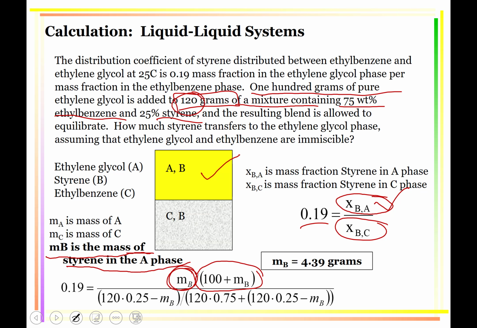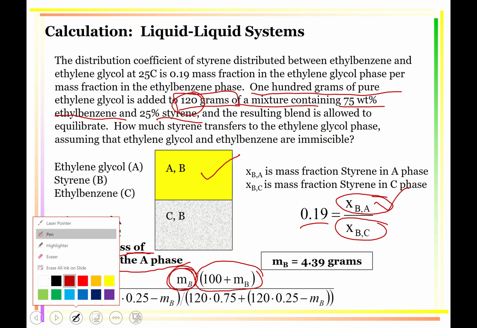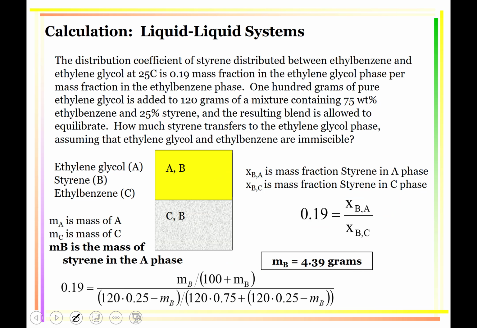So the upper part of this equation is now the mass fraction of B in the A phase. And now we're going to divide it by the mass fraction of B in the C phase.